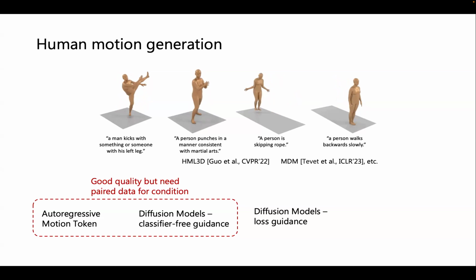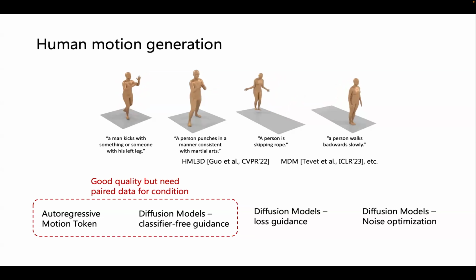This control signal can be any differentiable objective, and then you basically try to inject this objective into the diffusion process, and then you can achieve certain kinds of spatial control. Example works are GMD, Trace and Pace, or FaceDiff. They all use this type of way of doing motion control.